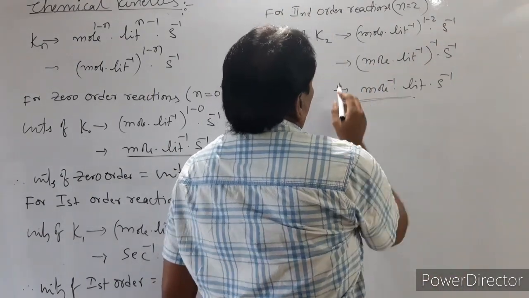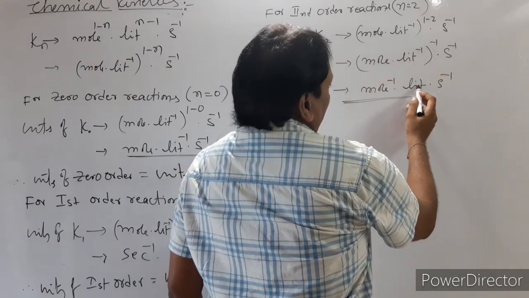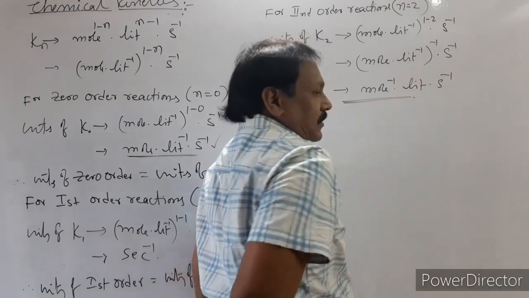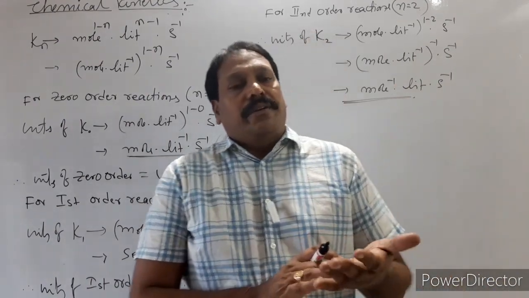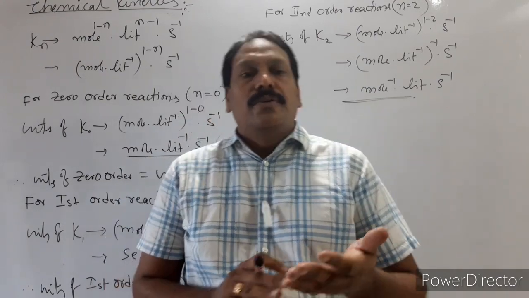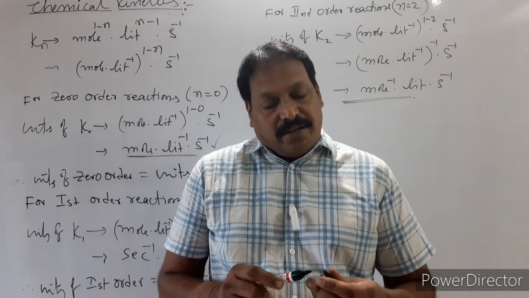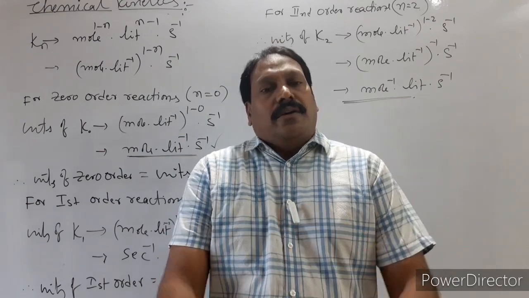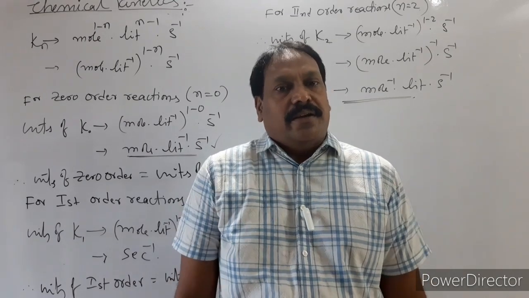Therefore, the final units of K2 is mole inverse liter second inverse. This is the simplest way to calculate the units of rate constants of different order of the reactions. So, the units of the rate constant mainly depend on order of the reaction.